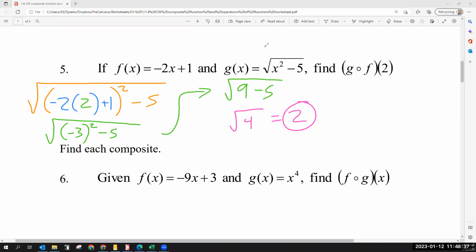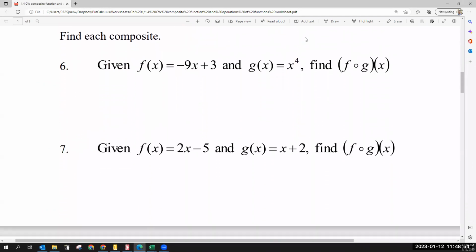So once I get to number 6, what's different? Yeah, so I'm not replacing x with anything. I'm plugging in and simplifying. What's my outside function?